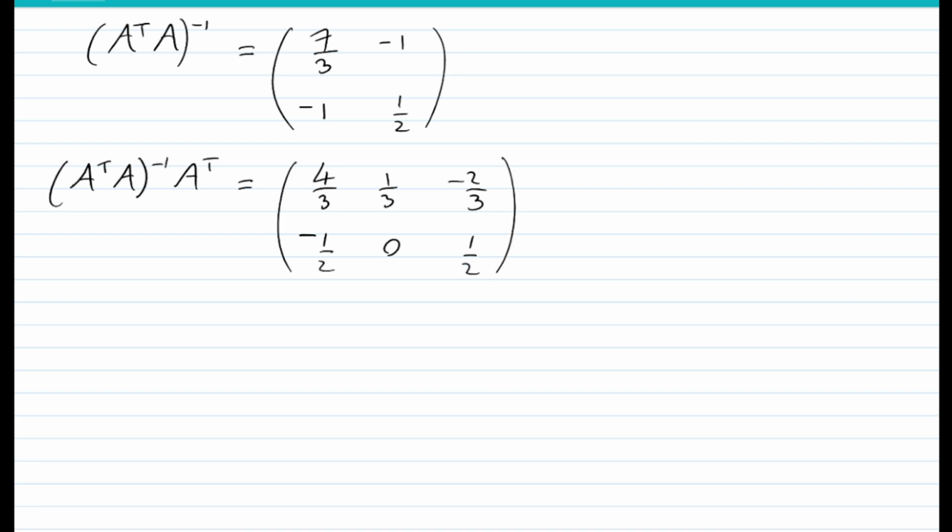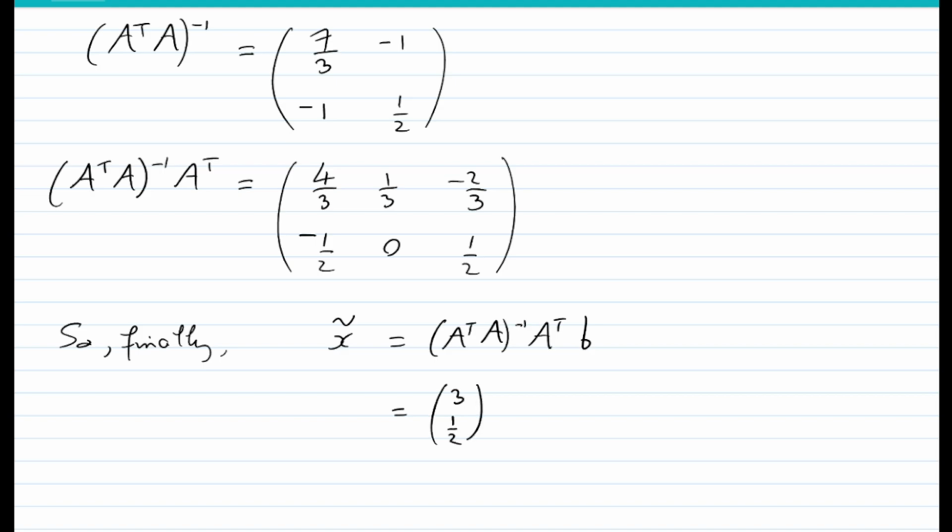And so finally, we have that x tilde, our least squares solution, which we know to be unique this time, is A transpose A inverse A transpose B, and that equals, and I'll let you do the computation if you want to check, 3, 1/2, which, if you recall, is the solution I came up with like this.